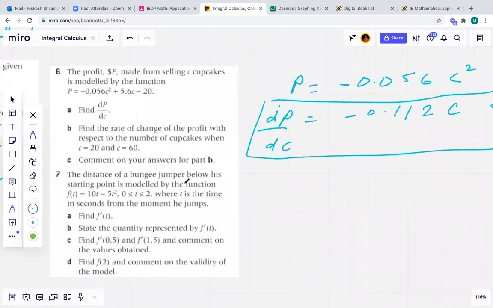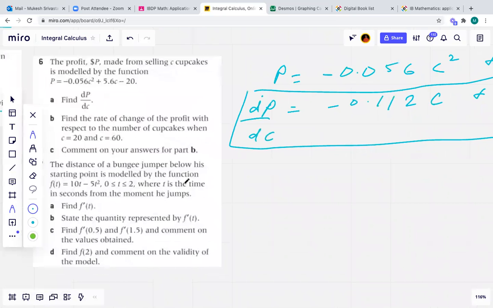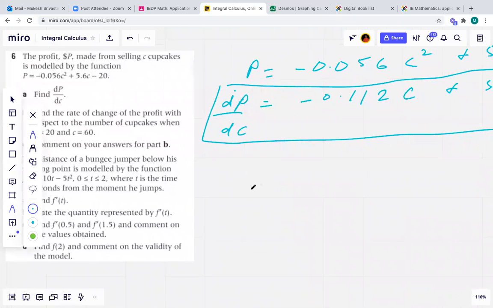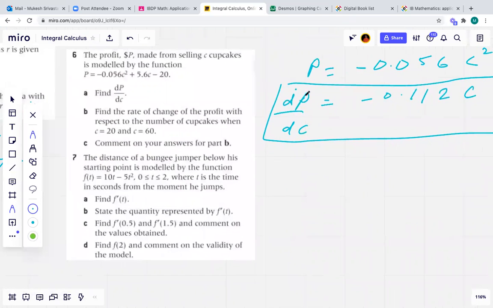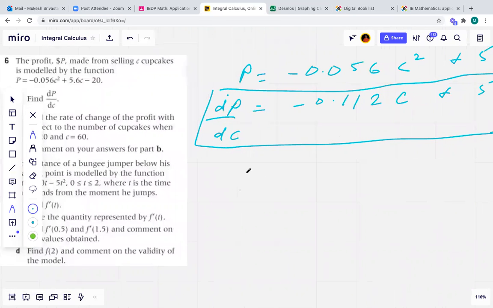So find the rate of change of profit with respect to the number of cupcakes when C is 20. So when C is 20, what's your dP by dC, the rate of change of profit?